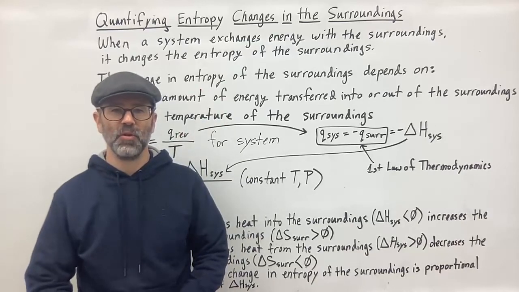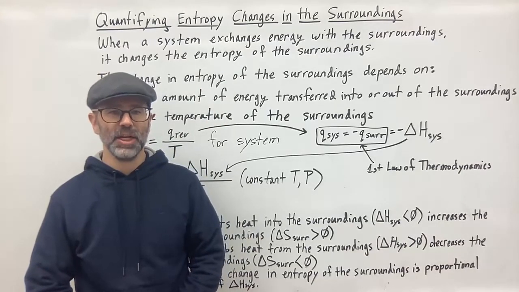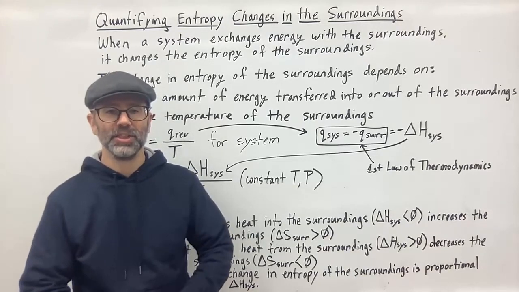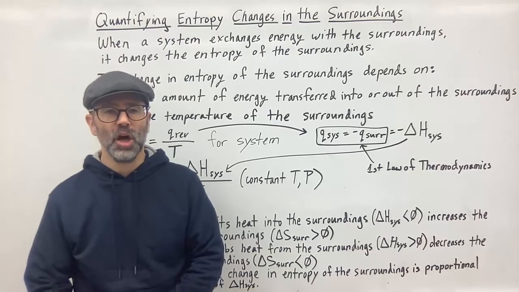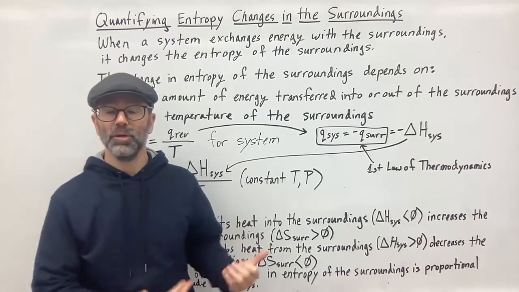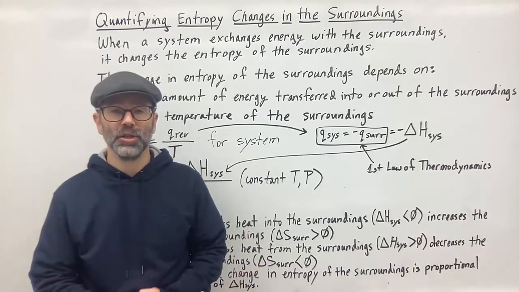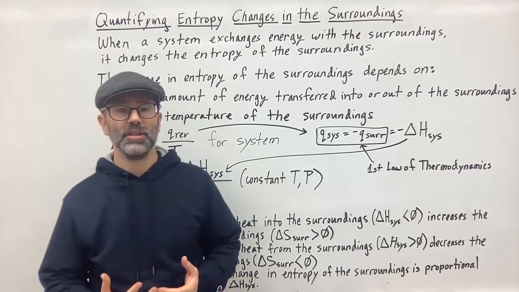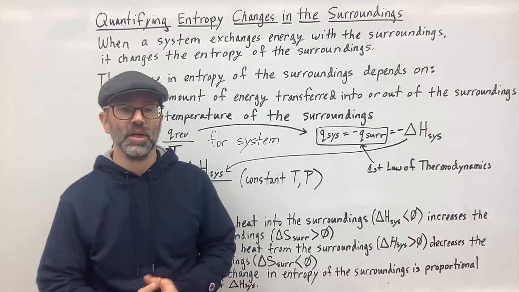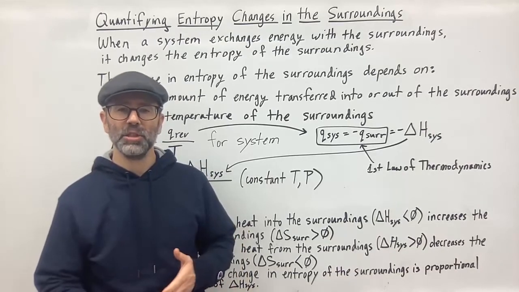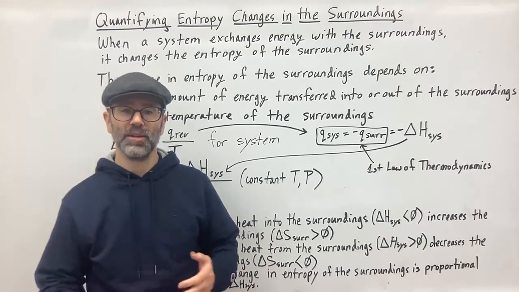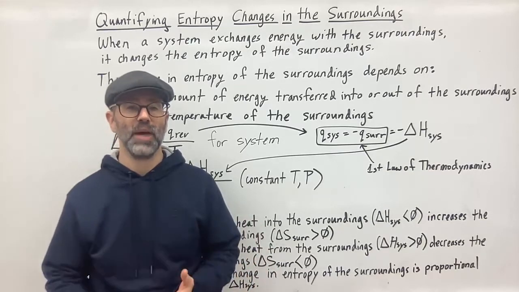My name is Mr. Cobalt, and in this video, I will be talking about how to quantify entropy changes in the surroundings. In order to do that, we go back to when we were talking about the system in an earlier video, where we did calculations of entropy changes of the system. When a system is exchanging energy with the surroundings, it changes the entropy of the surroundings, right?